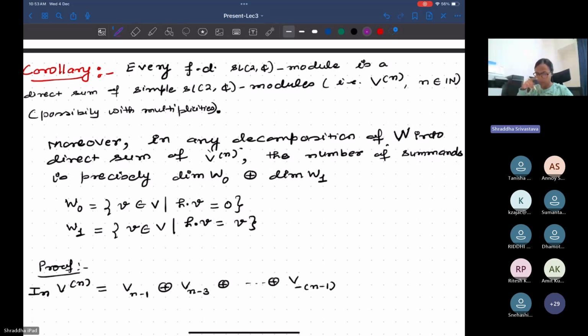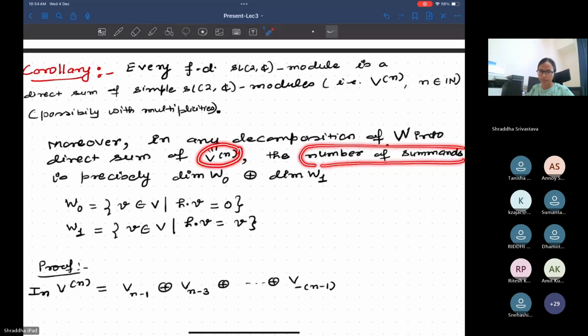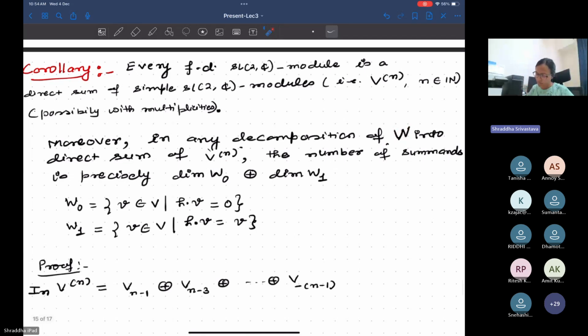In fact, the corollary is giving a condition on the number of Vn that appear when you write any finite dimensional representation as a direct sum of irreducibles. It says that in any decomposition of a finite dimensional representation of SL2C, the number of summands in the decomposition is precisely the dimension of W0 plus the dimension of W1. So I must say what W1 and W0 are.